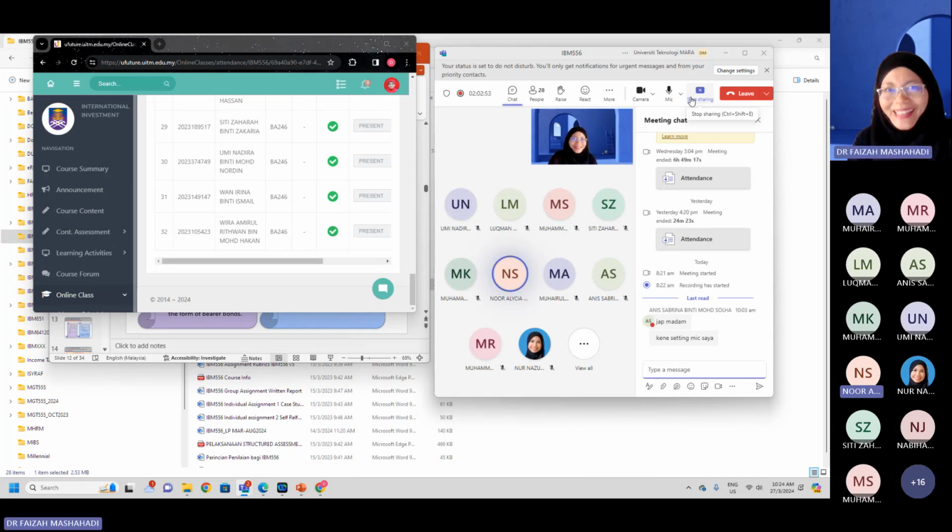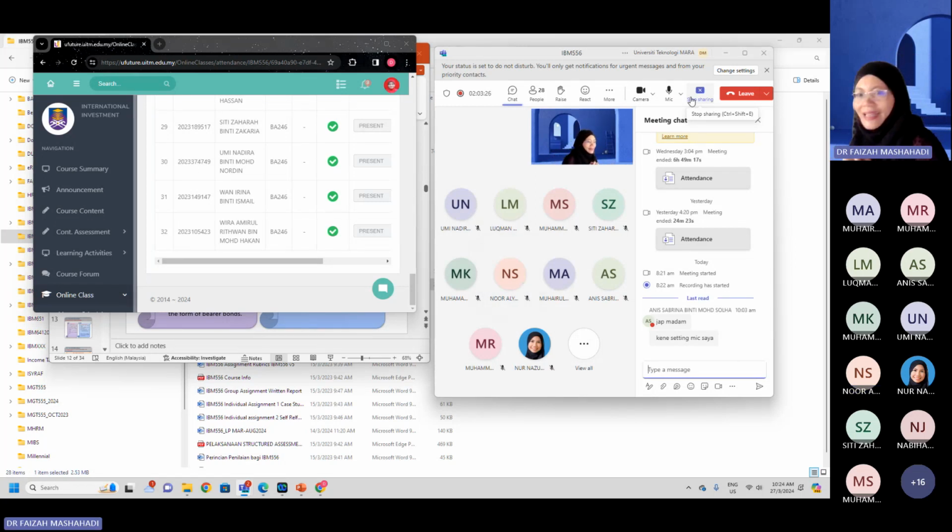Tapi kita tak pinjam daripada bank. Kita pinjam daripada syarikat ataupun kerajaan. Kita tak pinjam daripada specific bank. Kalau kita pinjam duit dekat Bank of Singapore, itu bukan bond. Nanti kita akan tengok proses dia ya Alisa.